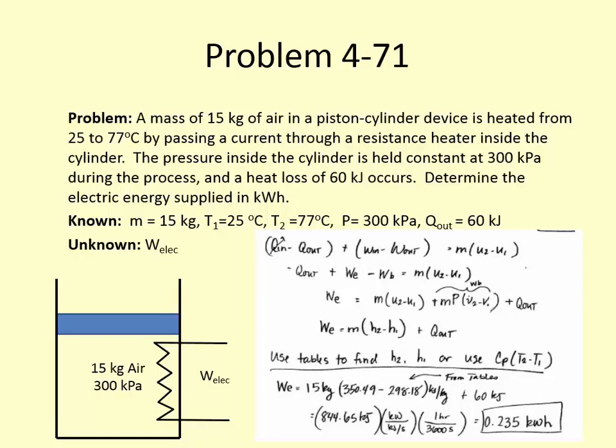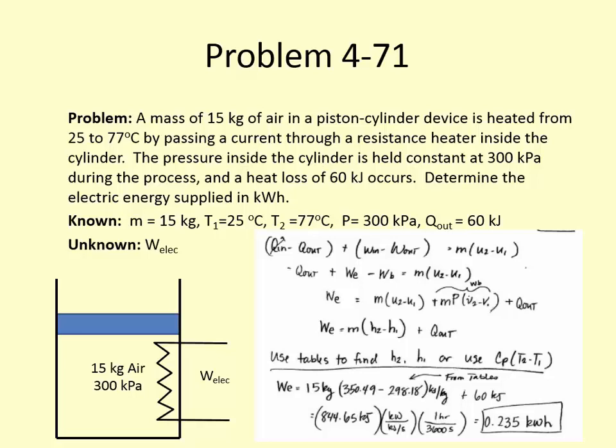So now we have negative Q out plus electrical work in is equal to the mass times (h2 minus h1). We just combined our boundary work term into this side of the equation.